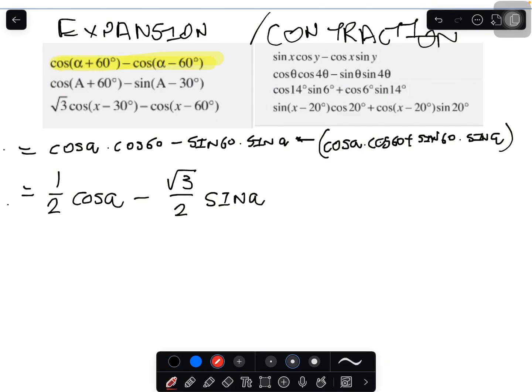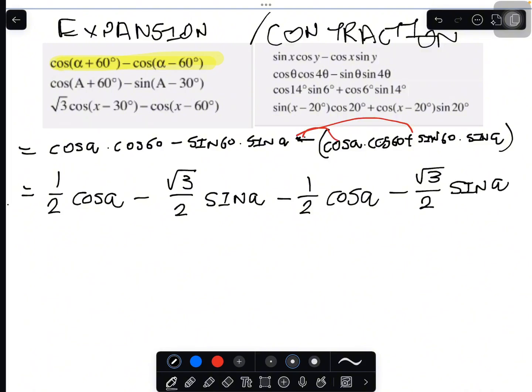Now we're going to apply a distributive law, this negative times a positive and this negative times this positive. So I'm going to now have minus, and we know the cos of 60 is a half, so I'm going to have half of cos alpha. We're going to have minus again because we're applying our distributive law, and this here will then be the sine of 60 is root 3 over 2 sine alpha.